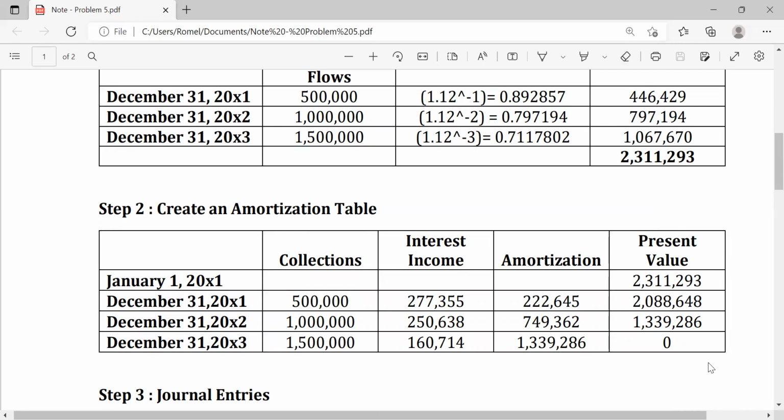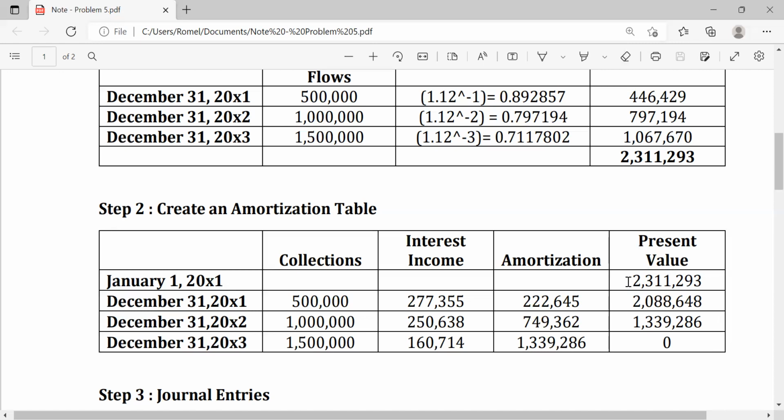Kasi by December 31, 20X3, wala na tayong receivable. Therefore, pababa ng pababa ang present value as we collect the installments. So, mas bumababa ang present value as we collect the installments.